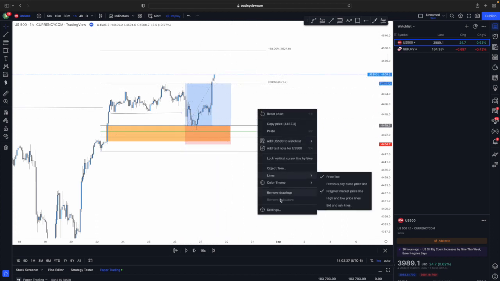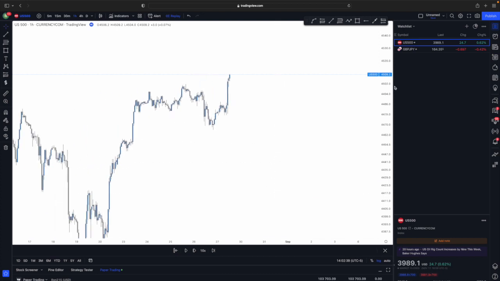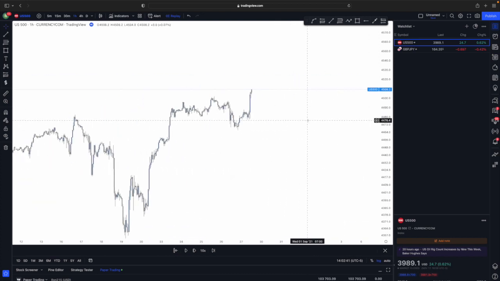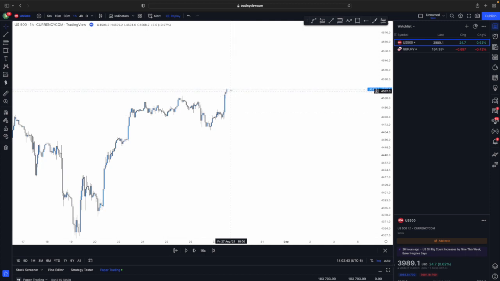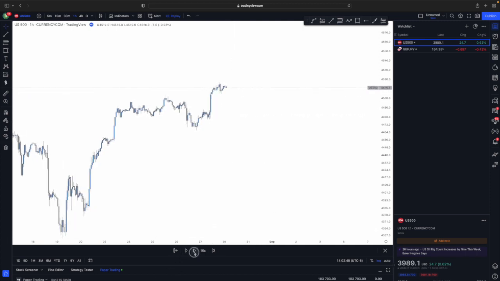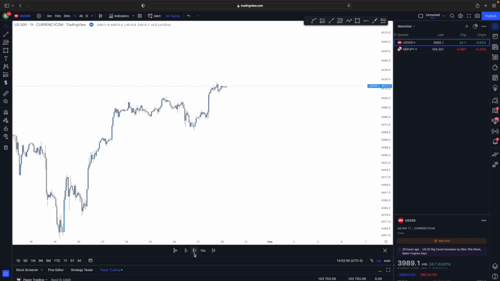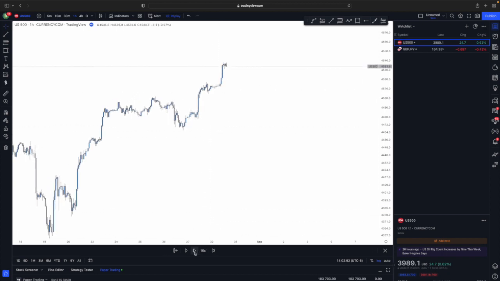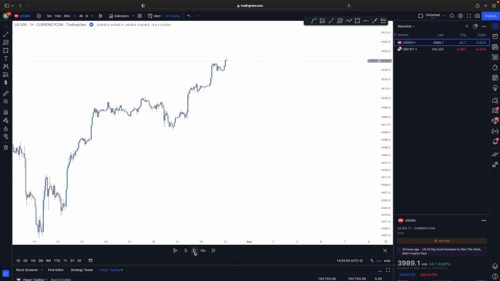Bang, beautiful stuff. So right now, once again, price is up in the air, so we gotta let price continue to just do what it has to do. This could be a possible entry here again, but we're up in the air right now, so let's see what happens next.